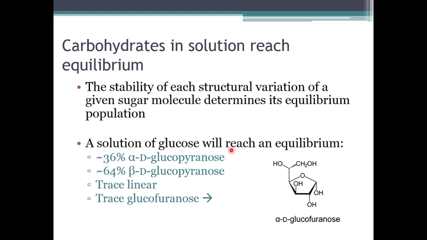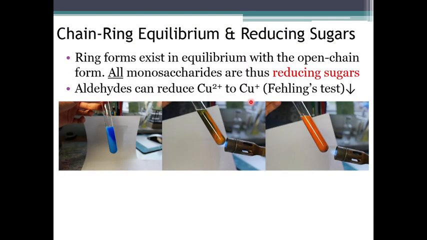Aldehydes can reduce copper 2+ to copper+, and this is done using the Fehling test. If you add an aldehyde to Fehling's solution, the copper 2+ in the solution turns to copper+, and there is a significant color change upon heating. This confirms that there is an aldehyde, and hence monosaccharides can be confirmed using Fehling's test. Aldehydes can also reduce silver+ to silver 0, which is the Tollens test.